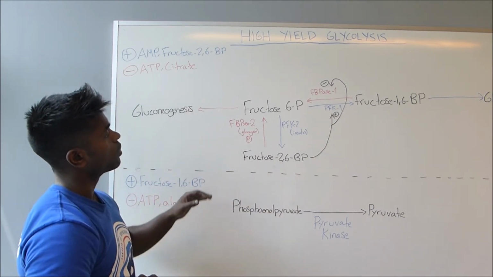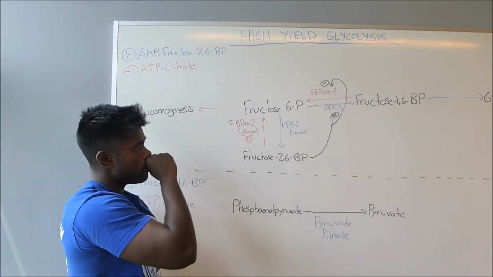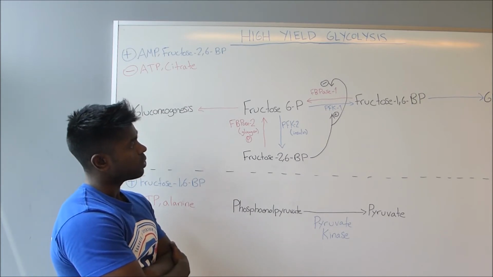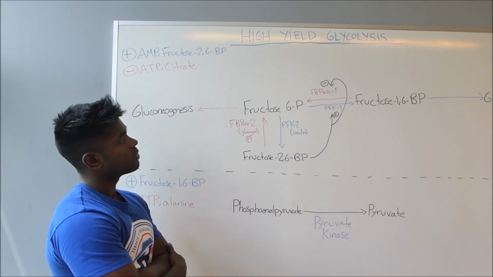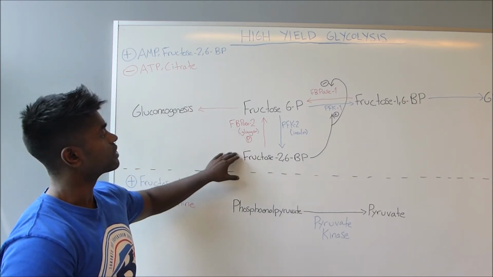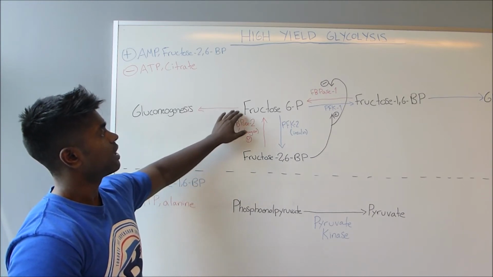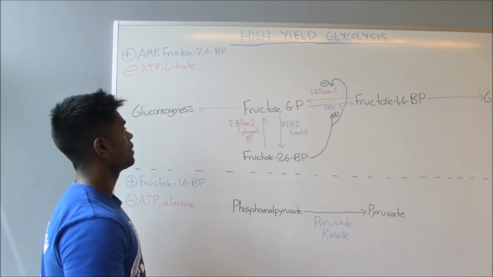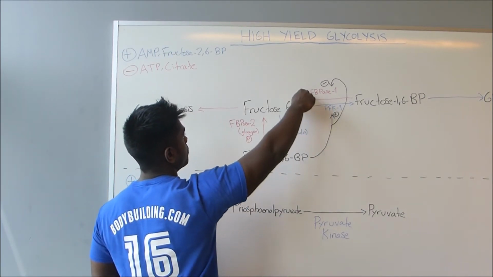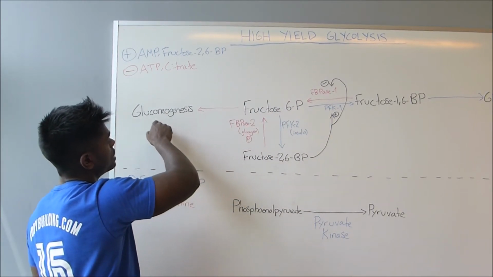Now let's talk about the role of glucagon. If we keep talking about this bifunctional enzyme, let's think about what's going to happen. If you have a decrease in fructose 2,6-bisphosphate, then you're going to have more fructose 6-phosphate, and as a result, there's going to be less stimulation of PFK1, less inhibition of FBPase 1, and going more towards gluconeogenesis.